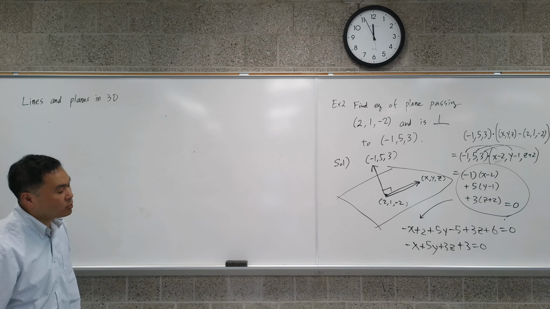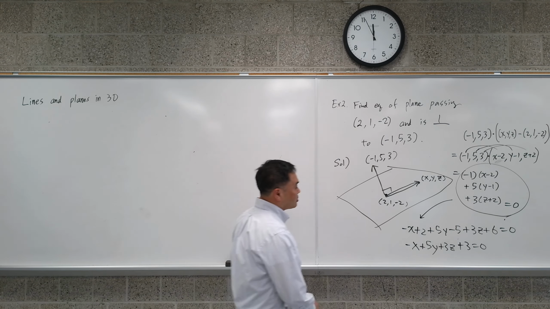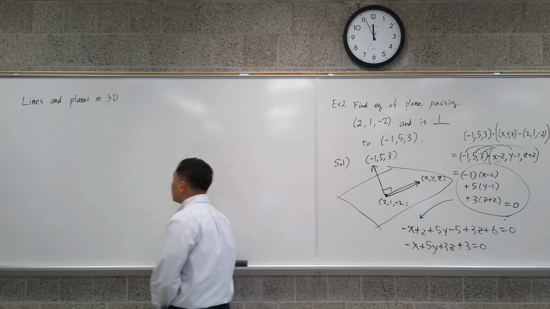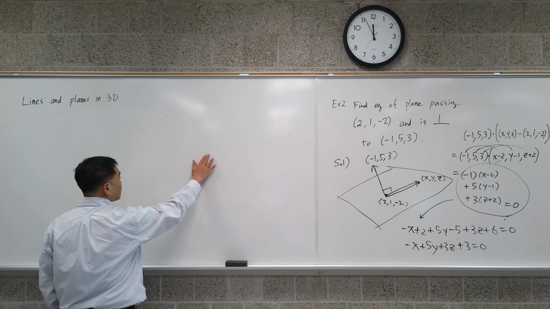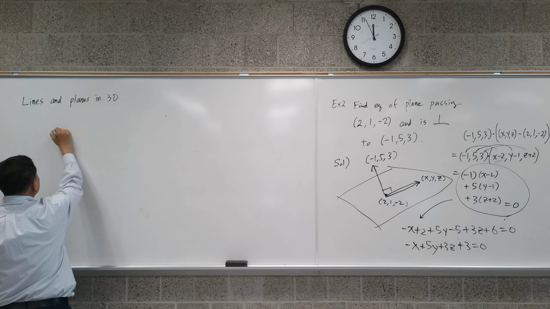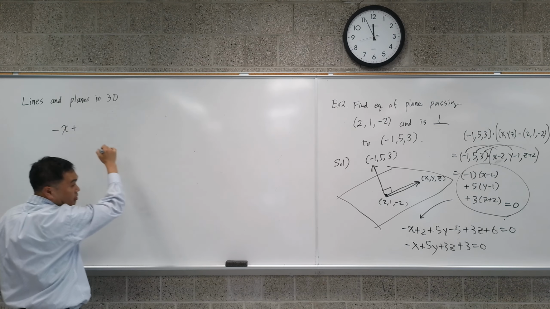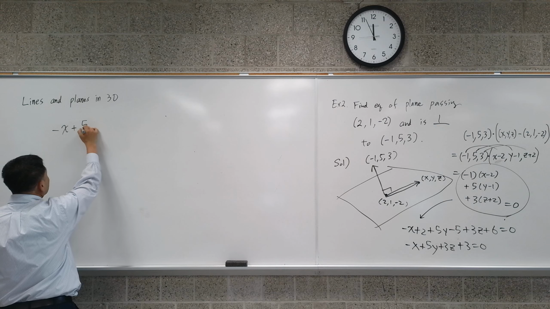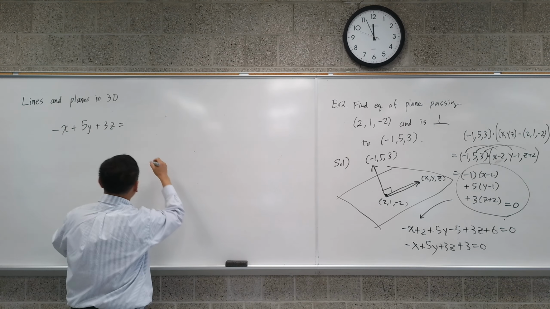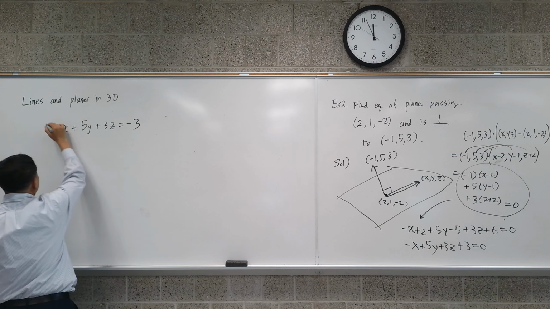Now usually what you do is you want to put this constant on the other side. Negative x plus 5y plus 3z equals negative 3 as your answer.